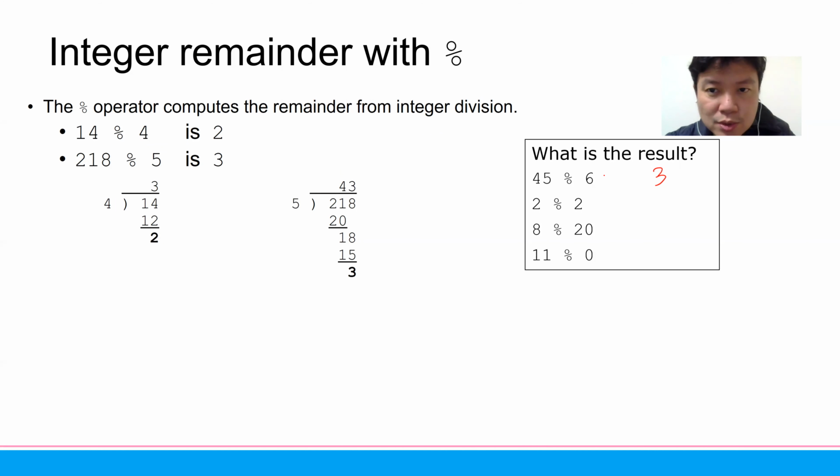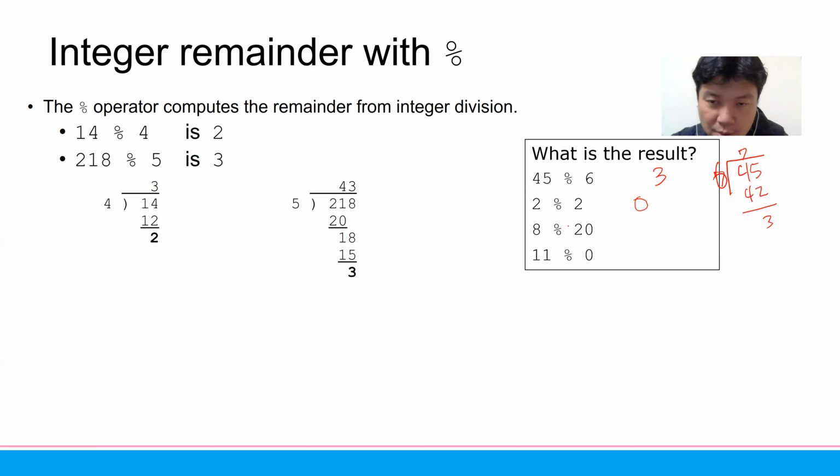Because 45 divided by 6, the result is 7, so we have 42, and the remaining is 3. 2 remainder 2, what is the result? The result is 0, because 2 divided by 2 is 1, and there is no remainder value.